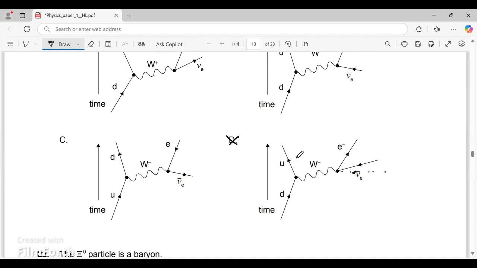Not like this one. So this is correct, option D.